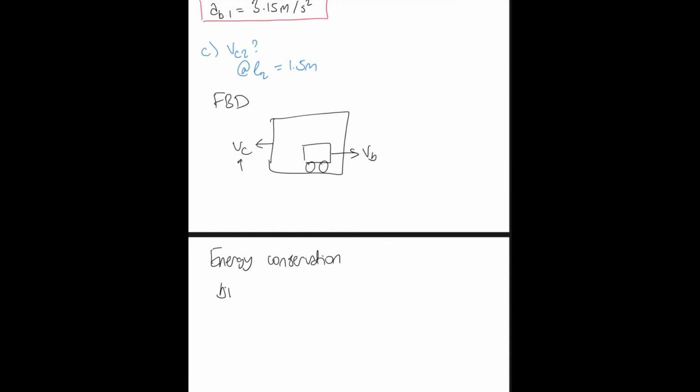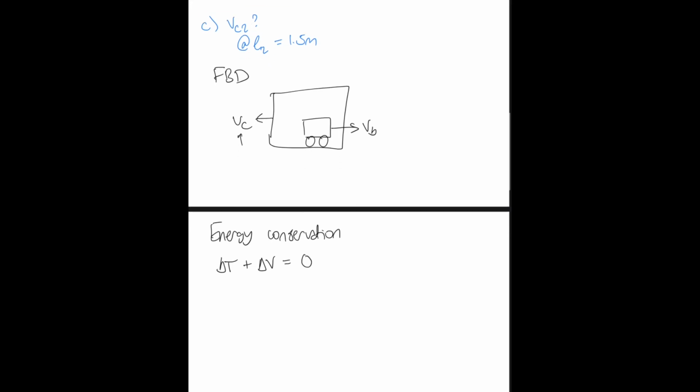So we know that delta T plus delta V, the kinetic plus the potential energy, is equal to 0. And that means that T2 minus T1 plus V2 minus V1 is equal to 0.